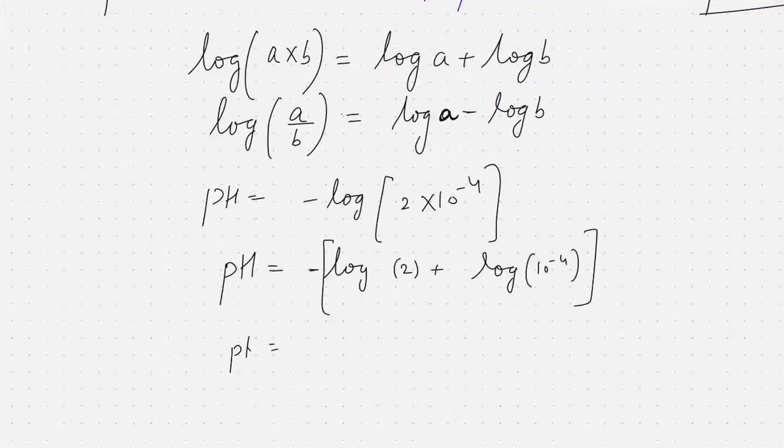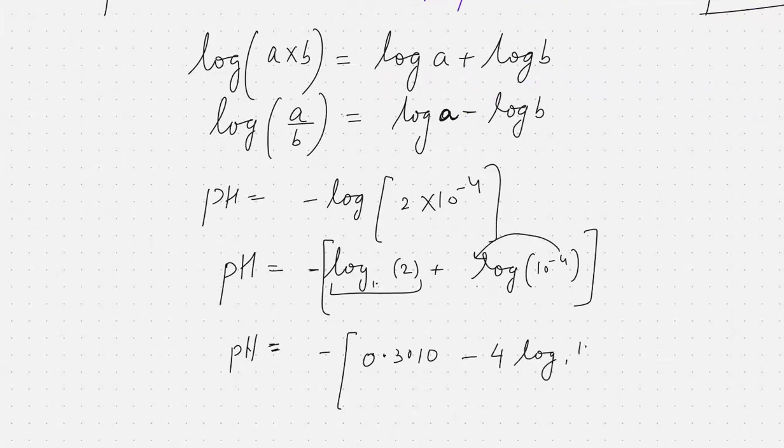So pH here is going to be minus, log 2 to the base 10 is basically 0.30. You can use the calculator. And the minus 4 in log 10 to the minus 4 comes to the front. So log 10 to the base 10 becomes 1.